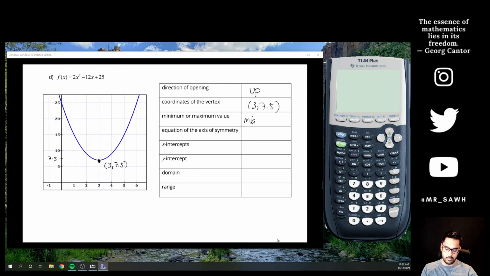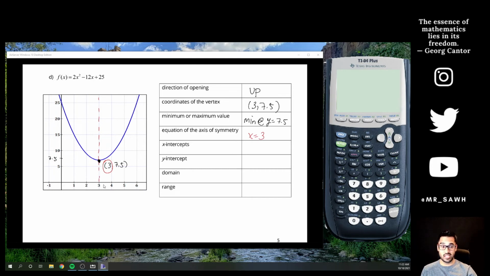So the minimum is at y equals 7.5. That is the smallest y value that I can have here. Everything else is bigger. Axis of symmetry line, again straight through the center, through that vertex, which will always be your x coordinate. So x equals 3 is our line of symmetry.